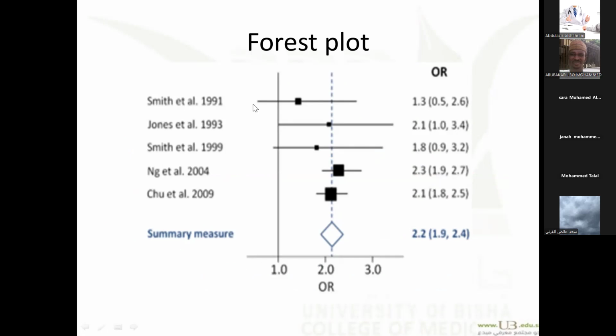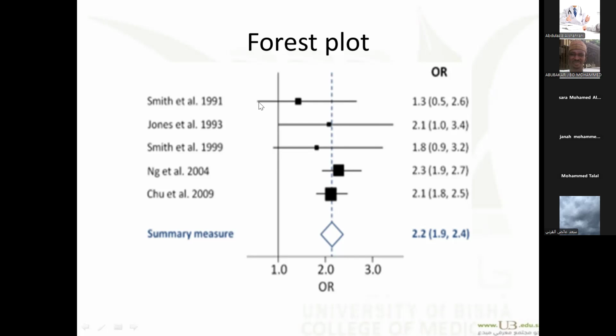Now, these horizontal lines represent the confidence interval of each of these studies. So look at this study, look at this confidence interval. Look at this study. Even this one, look at this confidence interval. Now, if the confidence interval crosses the line, that means the study is not significant.